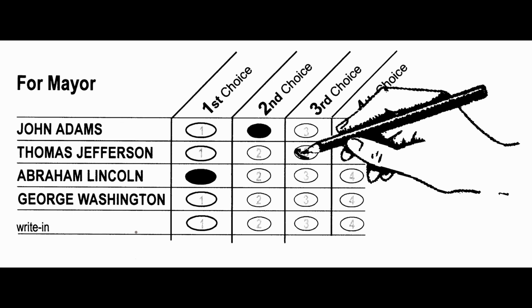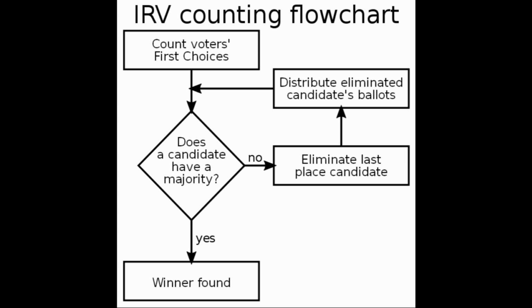You rank at least one candidate, and you can stop at any time and submit an incomplete ranking of candidates. Although in the U.S. elections that use it, you can only usually rank up to 3 or 5 candidates. Then the votes go in rounds. The person with the least first place votes keeps getting eliminated in every round, and the elections are rerun with that candidate eliminated until one remains.